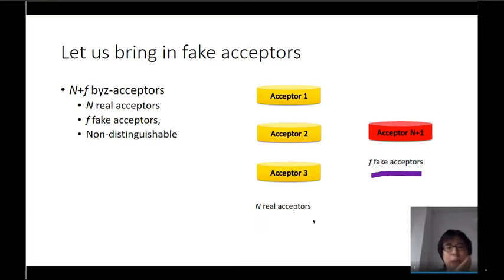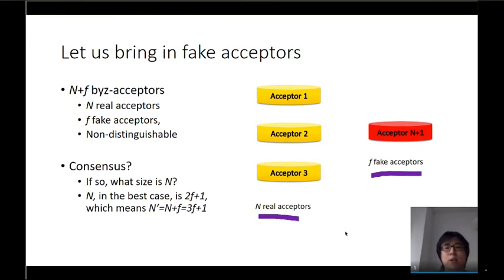Let's say we have N real acceptors and F fake acceptors. In this system, nobody can tell which one is a real acceptor and which one is a fake acceptor. So the question is, can we still achieve consensus? If we can, how many real acceptors do we need to tolerate F fake acceptors?